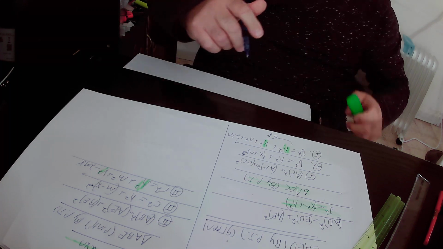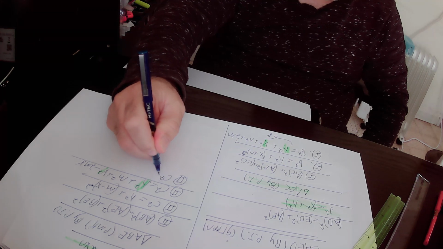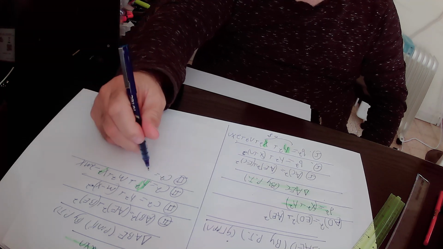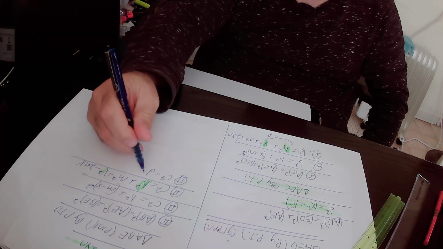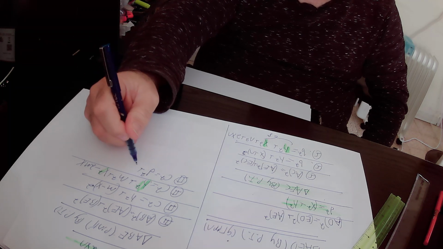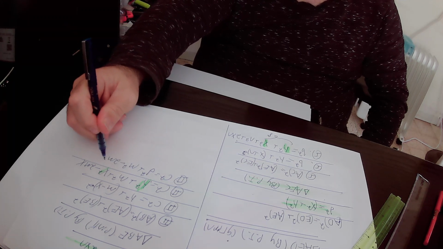And we'll get that according to equation number 2, C square equals H square plus X square is D square. So we substitute H square plus X square by D square plus M square minus 2mx.